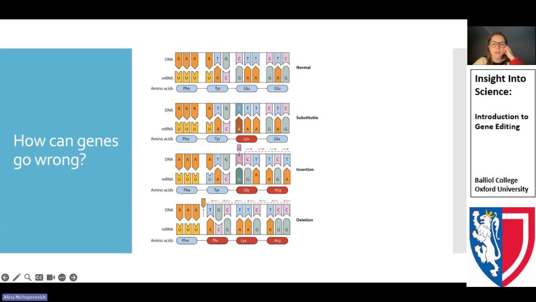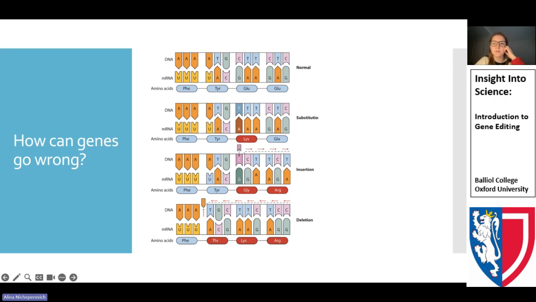Those mutations can be quite drastic to whatever organism we're studying. And then also deletion, where we have a similar thing, where 1 or a few bases or larger deletions happen, and all the amino acids that follow this mutation will be different, which can affect the properties of a protein quite drastically.